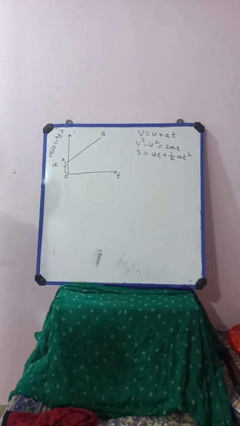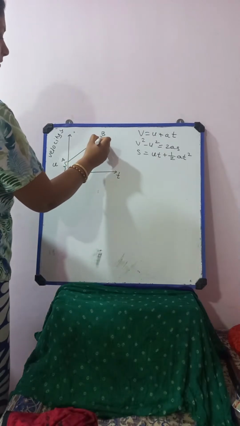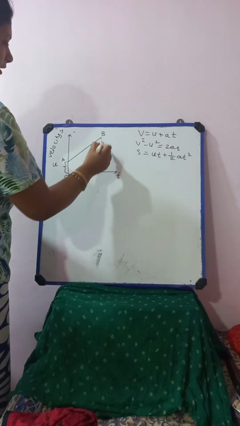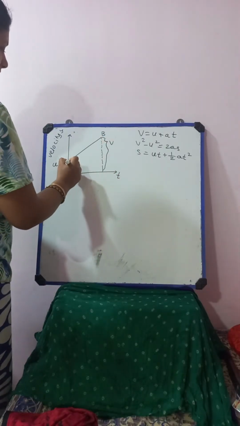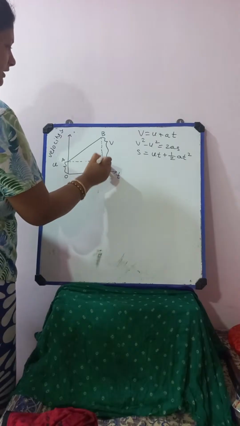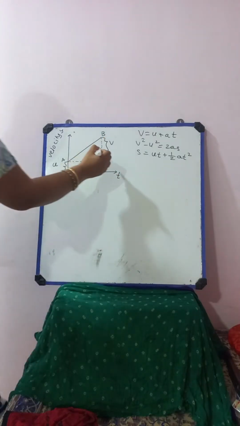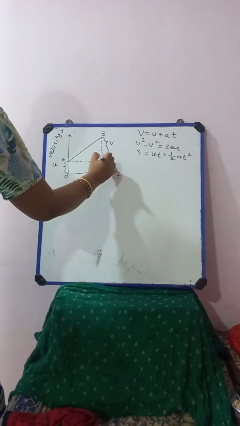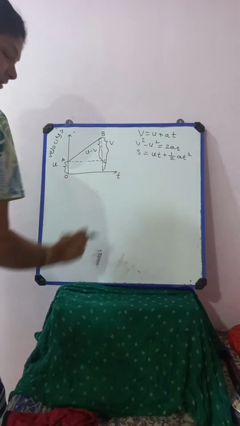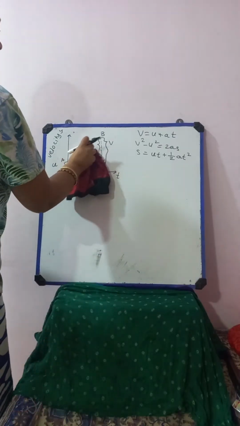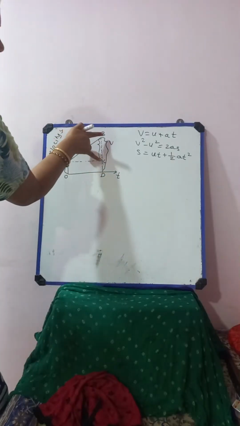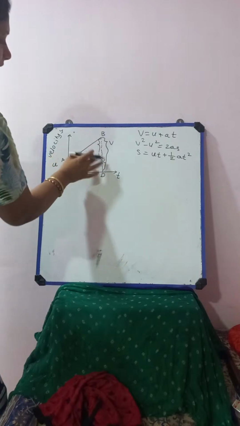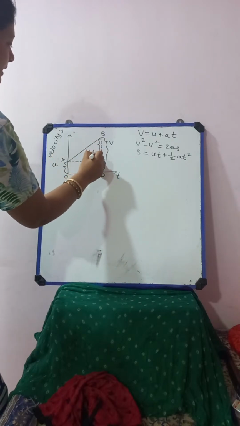From the point B where it stops, if you drop a perpendicular, then this is your v. Suppose I join this and take this point as C, then B to C is nothing but v minus u, because if I take this as D, then BD is v, and BC is v minus u.